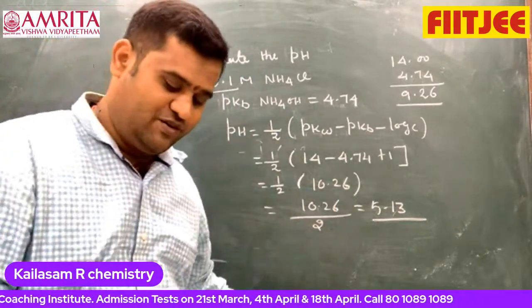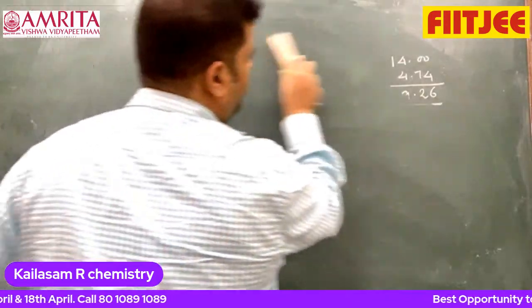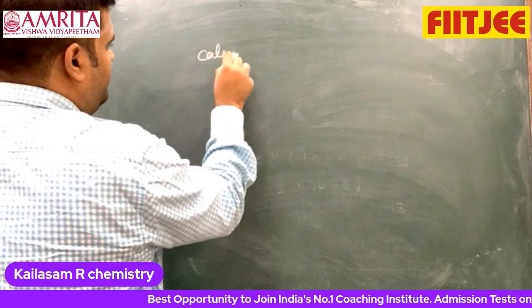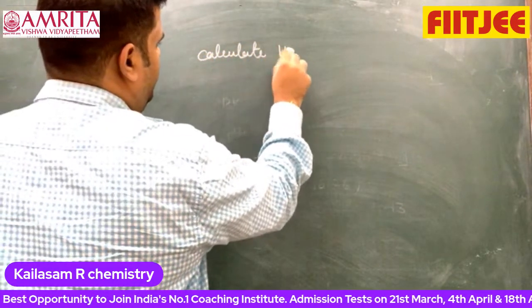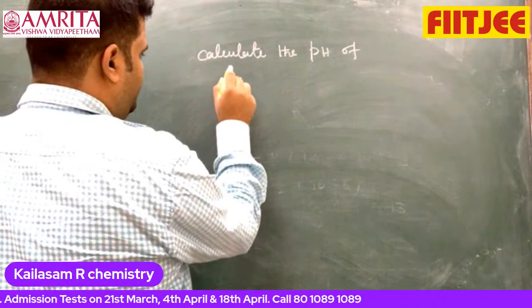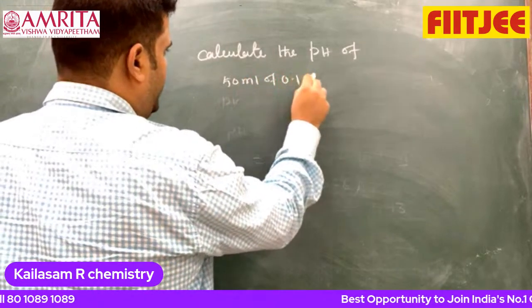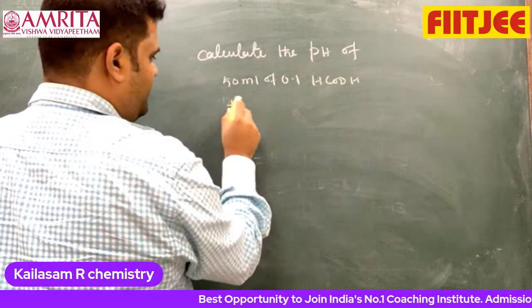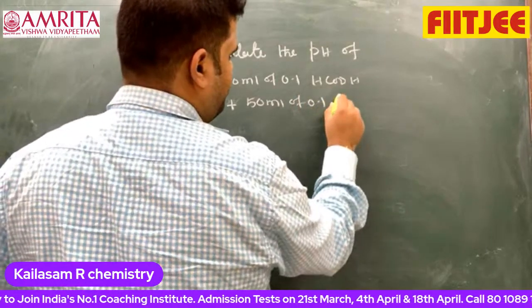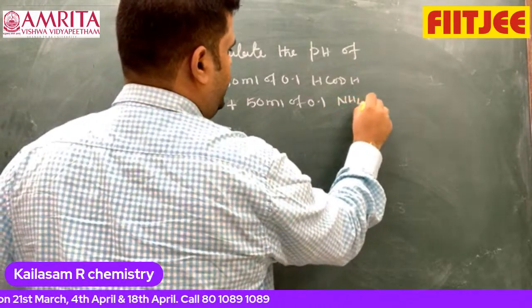And what about the same logic? Now calculate the pH of 50 ml of 0.1 molar formic acid plus 50 ml of 0.1 molar ammonium hydroxide.